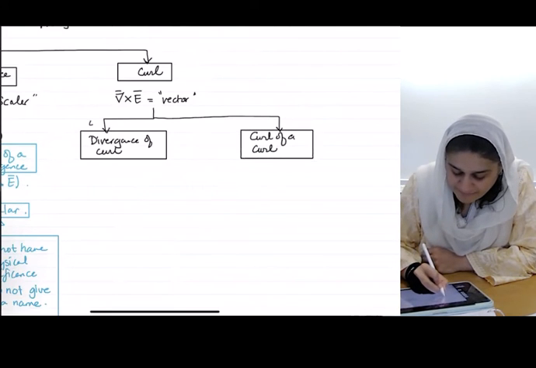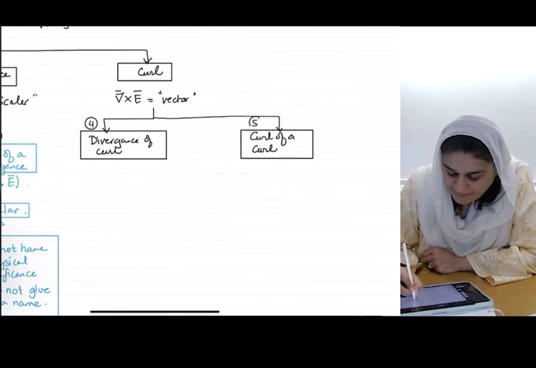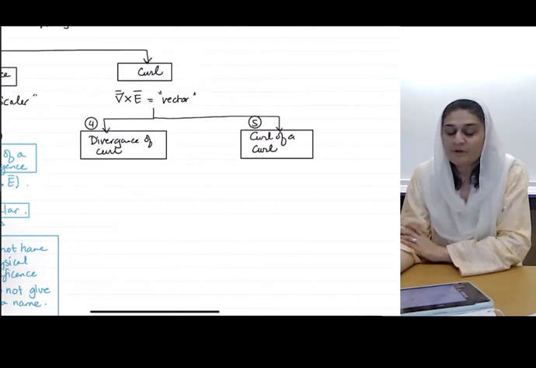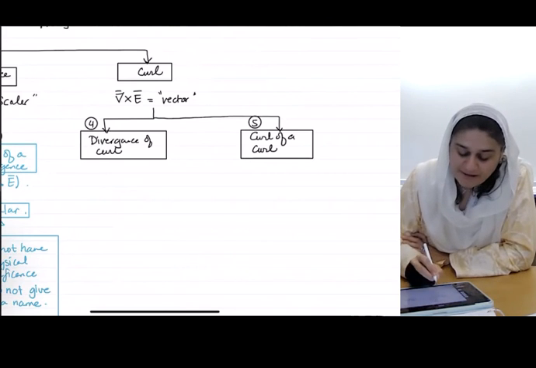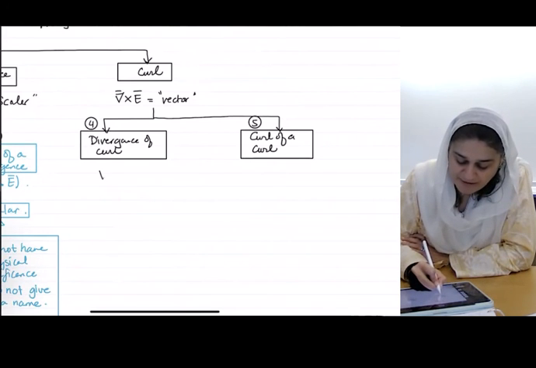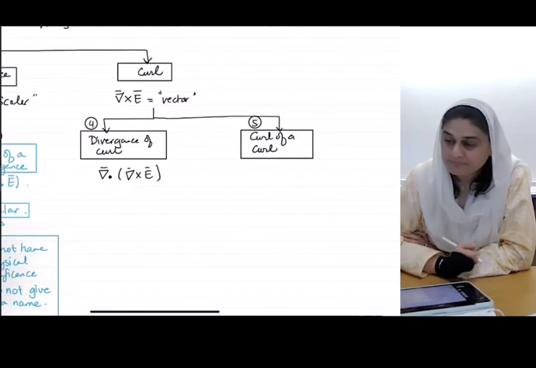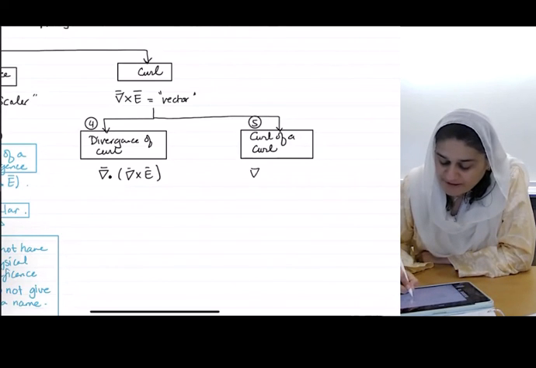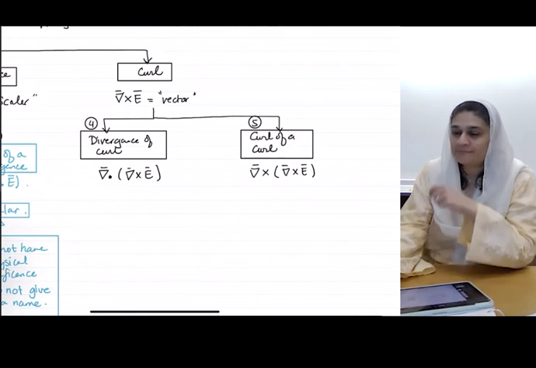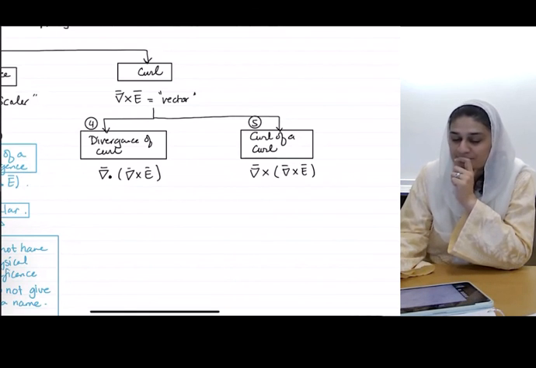I'm going to call this number 4, and this number 5. What would the divergence of a curl look like? Divergence means it's a dot product, and curl means it's a cross product. And a curl of a curl means it's a cross of a cross. With me so far? Excellent.